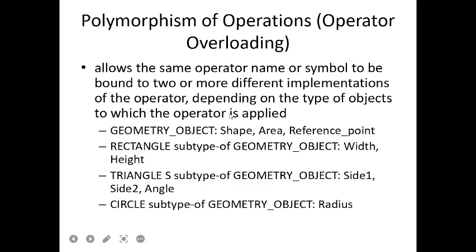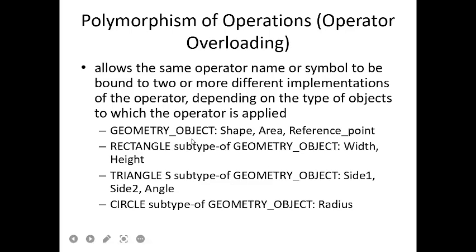In OO databases, a similar situation will occur. We can use the geometry object example to illustrate operation polymorphism in ODB. Here the function area is declared for all objects of type geometry object, and the implementation of the method for area may differ for each subtype of geometry object.